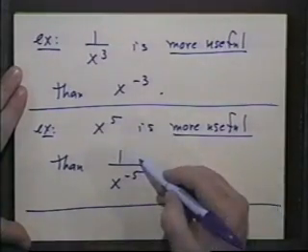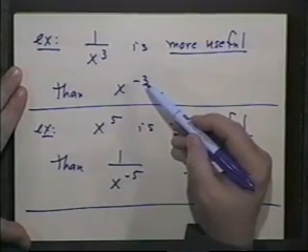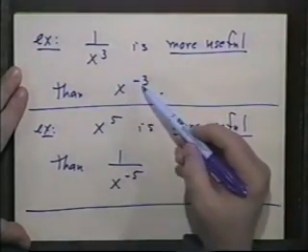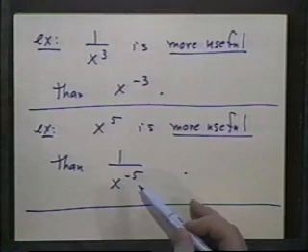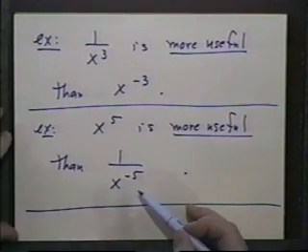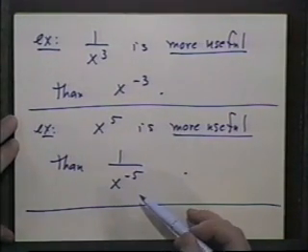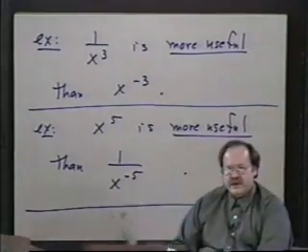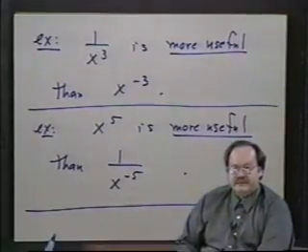Now these are equivalent, as are the first two. But if you keep things without negative powers, it's going to be easier for you to follow the rules and to simplify your expressions. So on that note, let's take a pause, and you can go ahead and try some of these on your own.